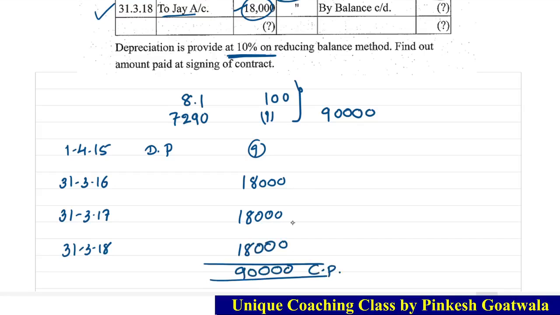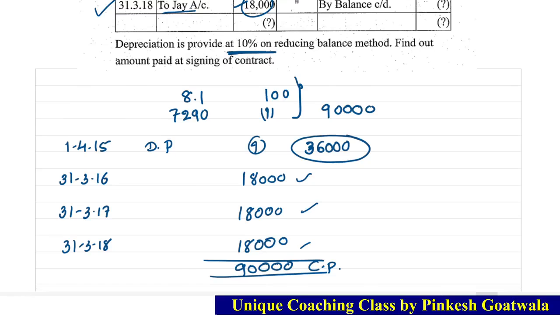So 90 માંથી 18, 18, 18 less કરો, so here you will get again 18. So no 18, sorry, 36 આવશે. You will get the answer 36. So same sum. Okay, just જે amount છે એ amount change કરી છે, બાકી same calculation આવશે. You will get the answer 36.